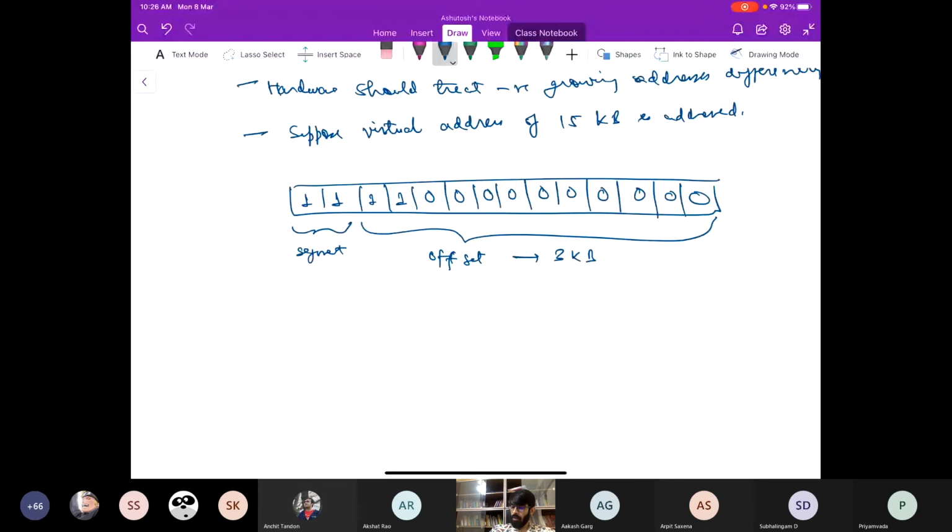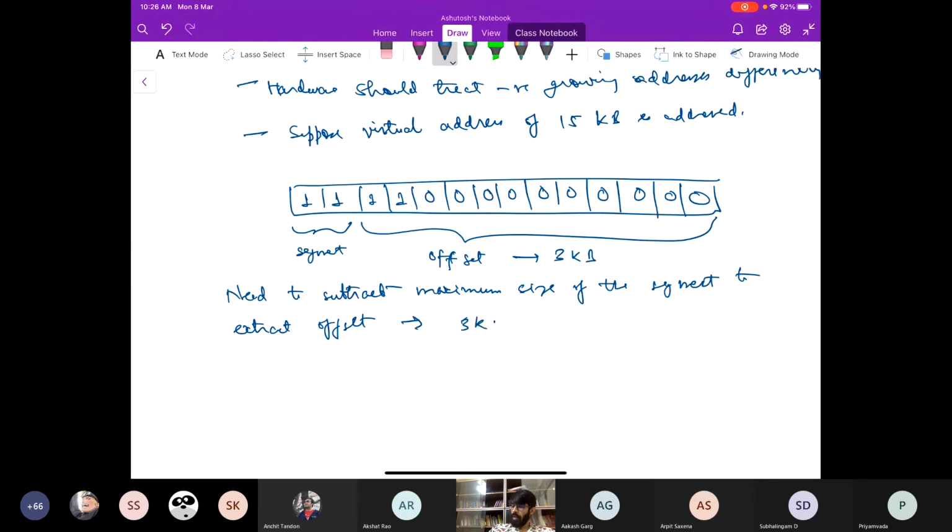Okay, so we need to subtract the maximum size of the segment to extract the offset. So how do we do this? 3KB minus 4KB, the maximum size of the segment, you get minus 1KB.